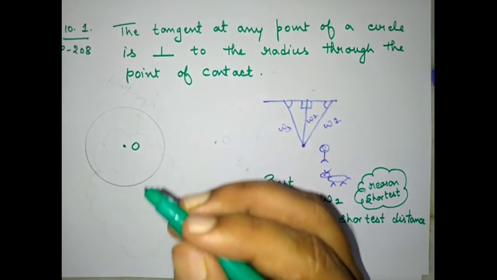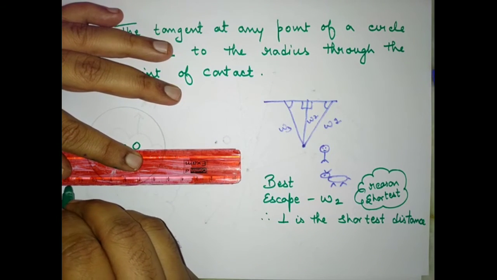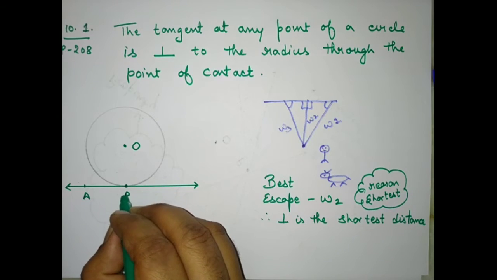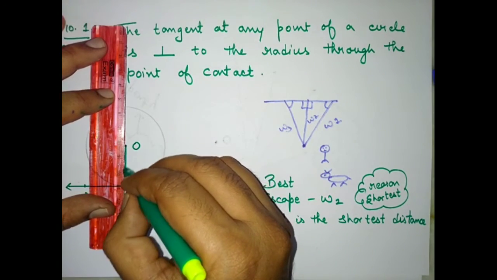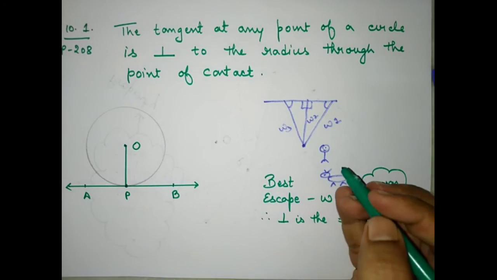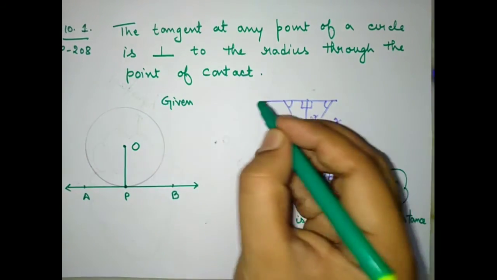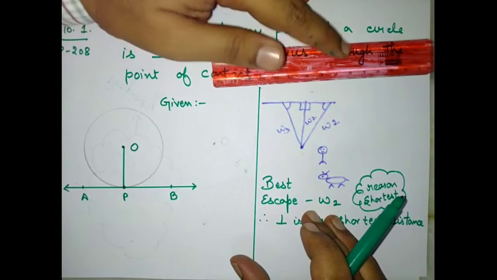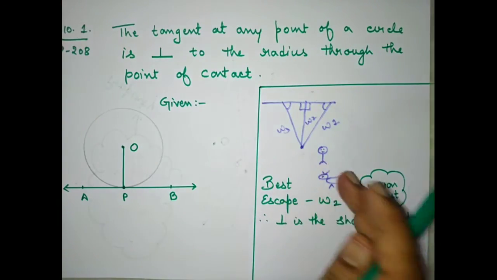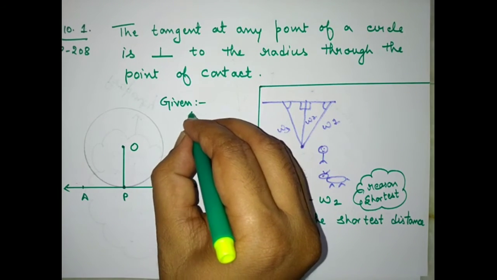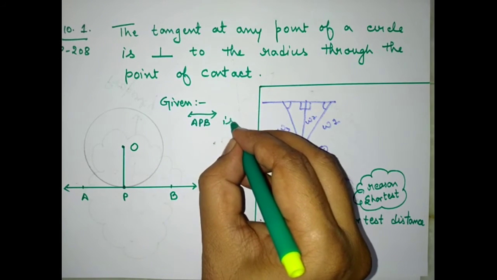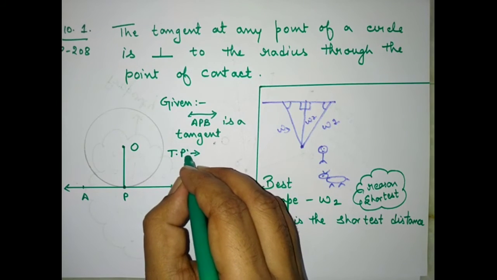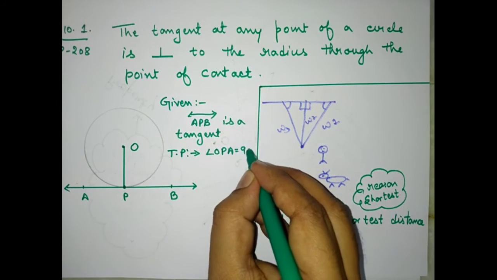Let us say the circle has the center O. Now make a tangent A, P, B. The point of contact will be point P. Now we are given that APB is a tangent, and we need to prove that the angle OPA is 90 degrees, that is OP is perpendicular to AB.